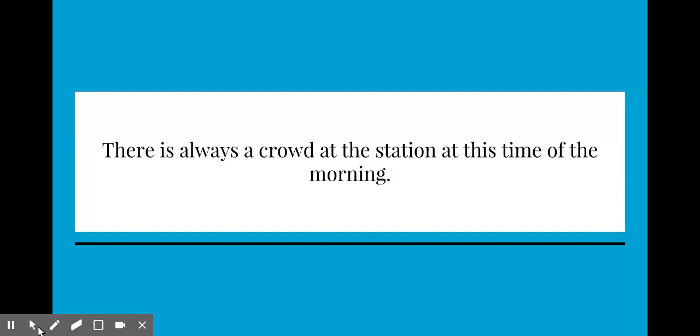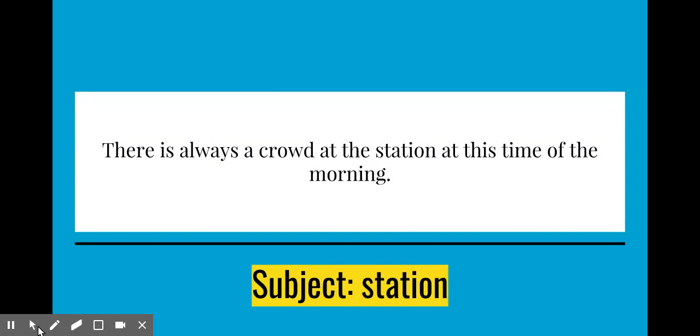Go ahead and pause. Okay, so when we're looking at this sentence, how would you write this so that it's in a more natural order? We could say a crowd is always there at the station at this time of the morning. So that makes the subject of our sentence station.